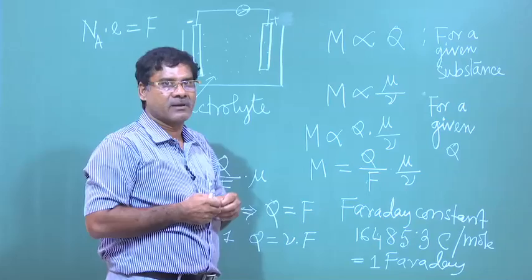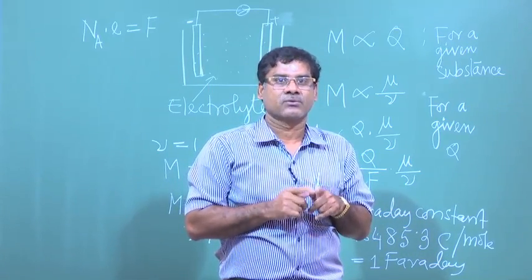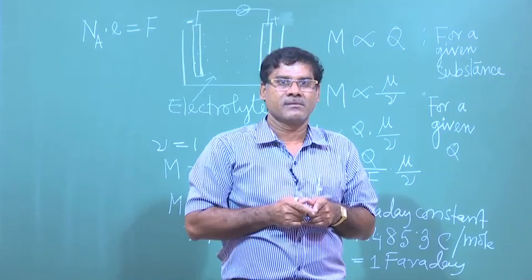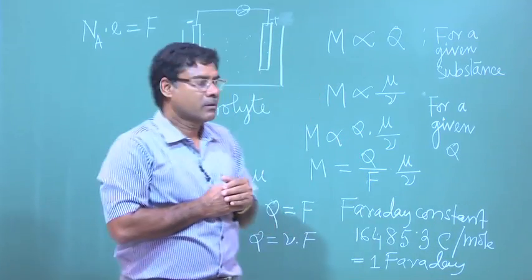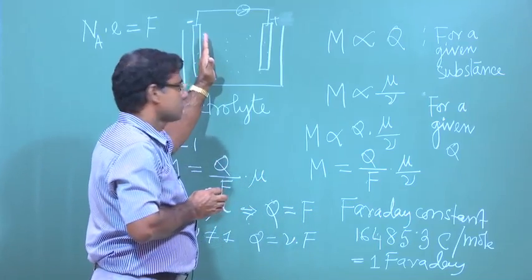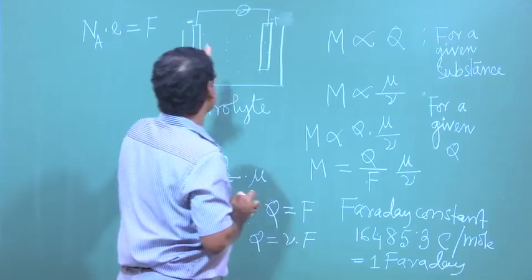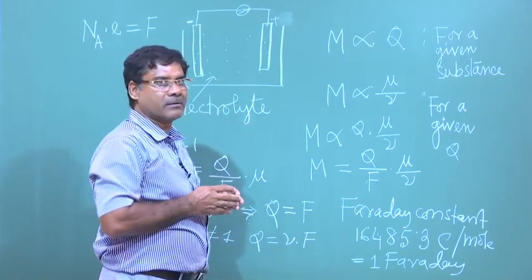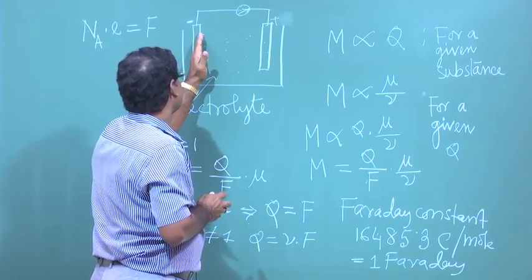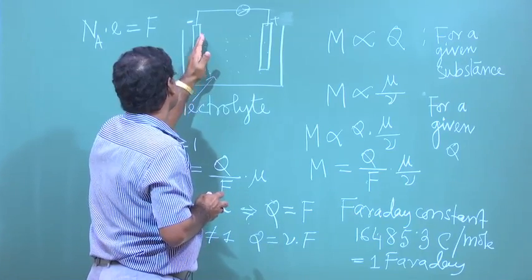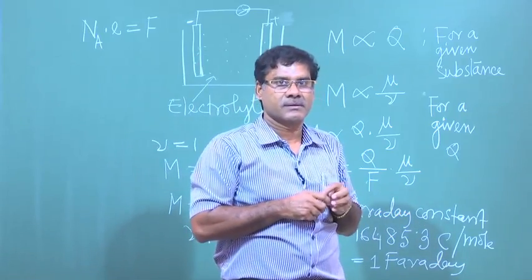So, if you pass 1 Faraday of electricity through the electrolyte, then 1 gram mole of a monovalent substance will be deposited on the electrode, and 1 gram mole of substance contains Avogadro number of atoms. Okay.